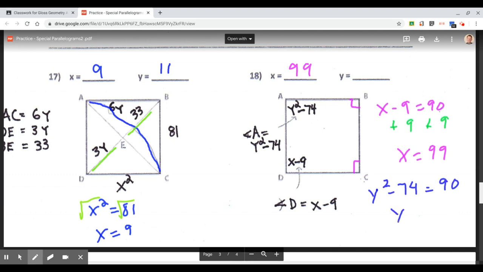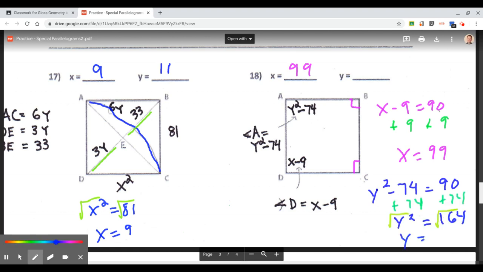You're going to get y squared minus 74 equals 90, plus 74 on each side when we're combining like terms. Then you're going to get y squared equals 164. Then you want to take the square root of each side, and rounding to the nearest tenth, you're going to come up with 12.8. So y is going to equal 12.8.